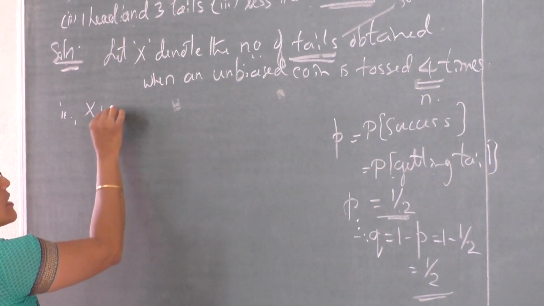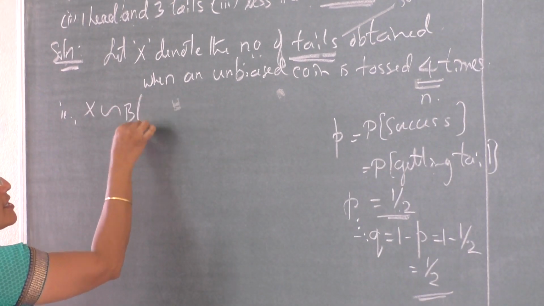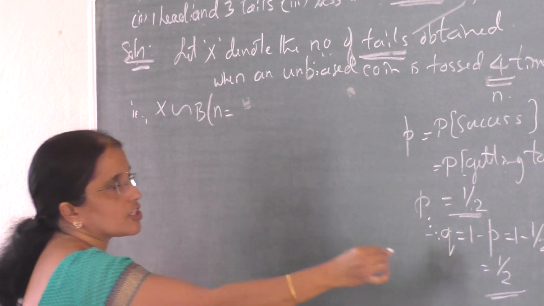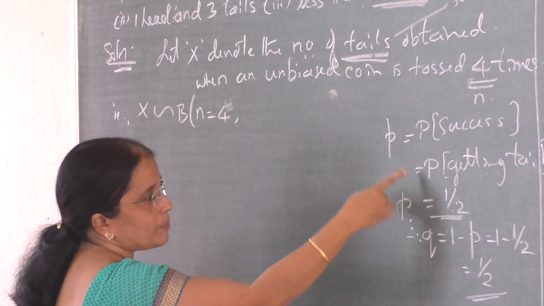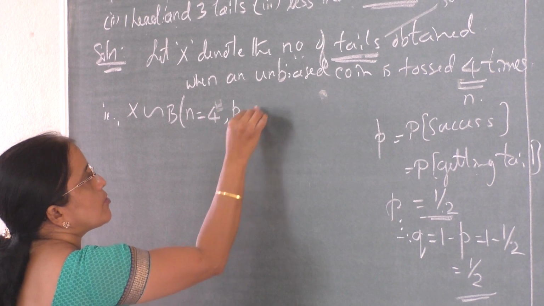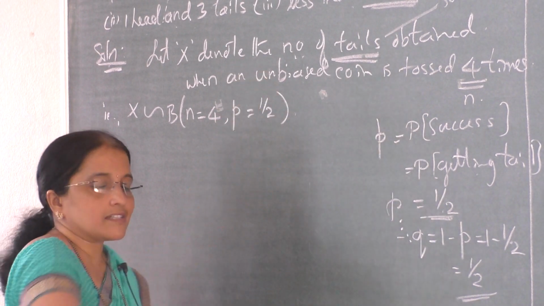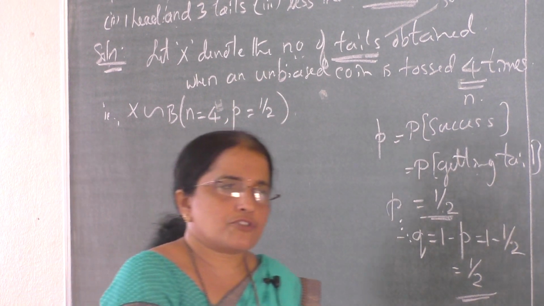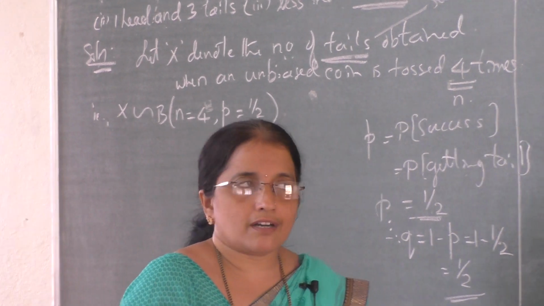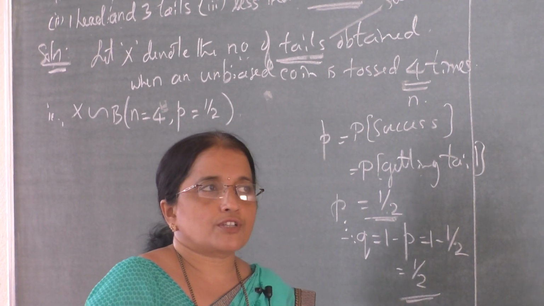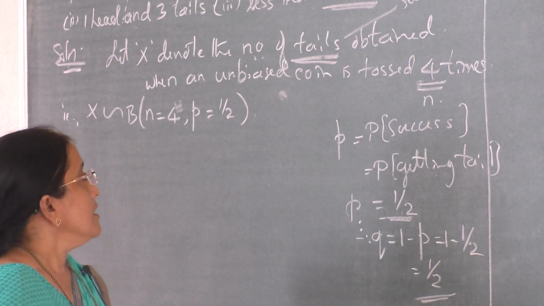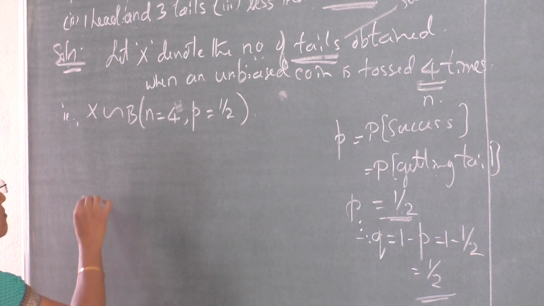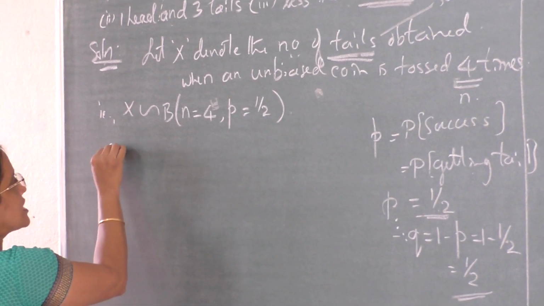That is, x follows a binomial distribution with the parameters n equal to 4 and p equal to half. Now this is the second step. You have to study 7 distributions, students. In each and every distribution, a similar procedure we are going to follow. So try to understand.